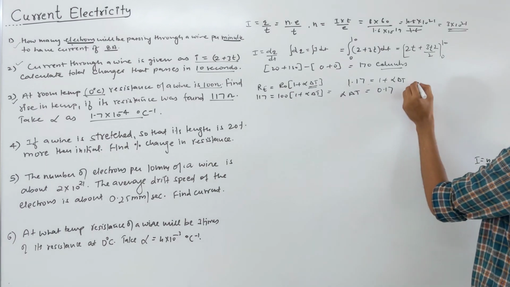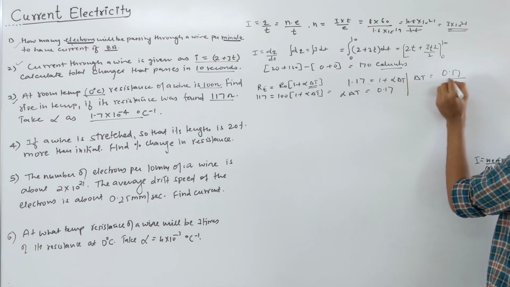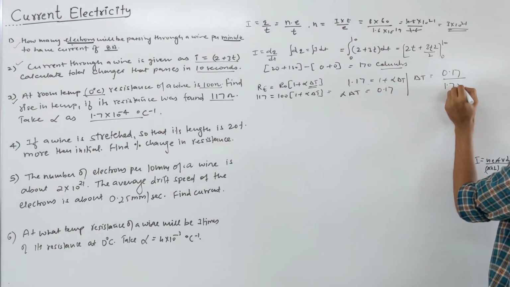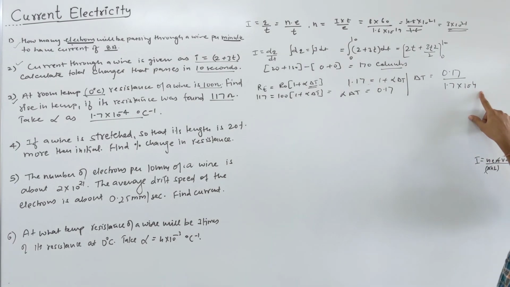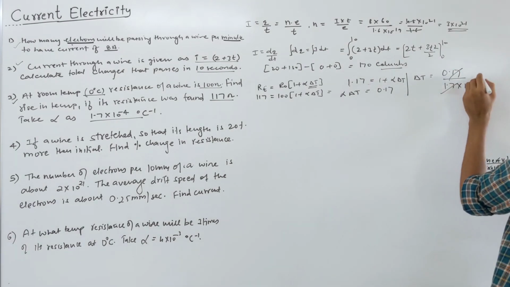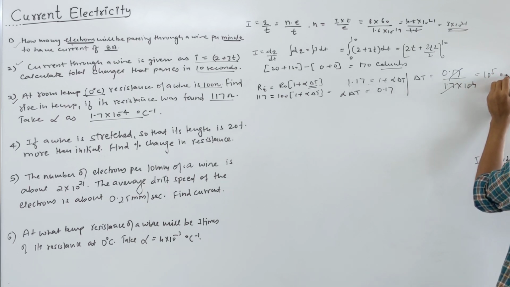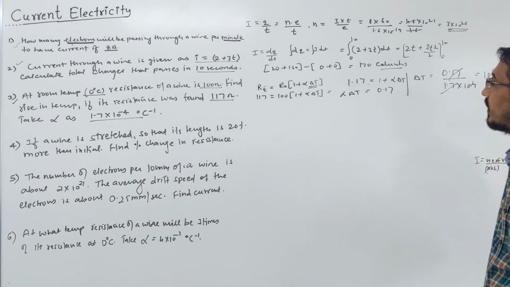So we need del T, so this is your final answer. Del T will be 0.17 by alpha. Alpha is 1.7 into 10 power minus 4. This you can write 0.17 into 10 power minus 5. So it's getting 10 power 5 degrees Celsius, right? This is the rise in temperature required.